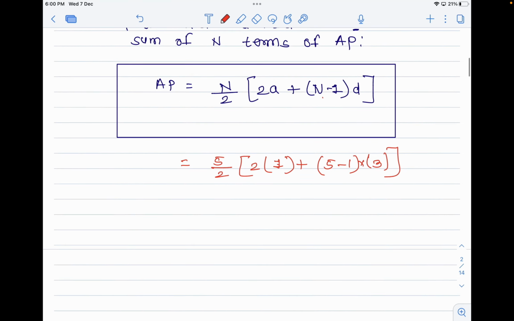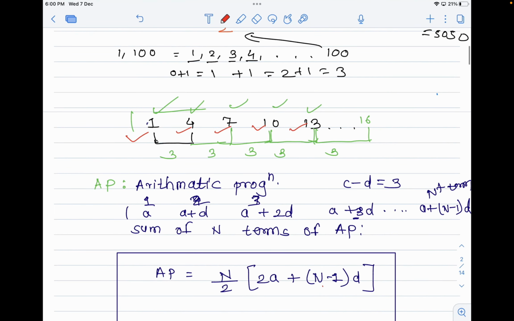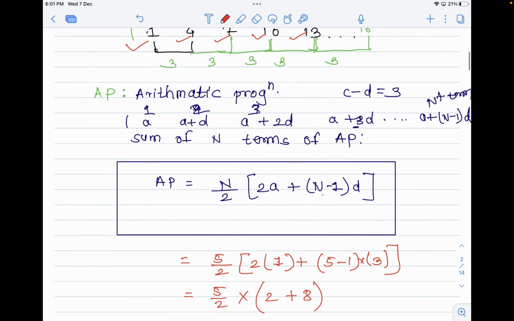So let's solve this. 5 by 2 into 2 plus 8. Simply 2, and this 5 minus 1 is 4, and D is the difference. So for this example we have a difference of 3.